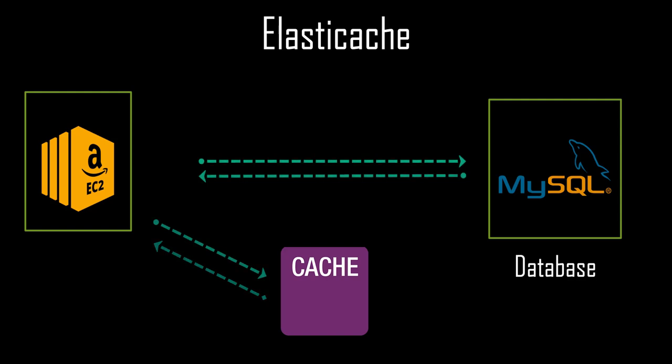Because the data is stored in memory, we get faster access to that data. So data that's accessed more frequently is stored within the cache. Keep in mind that you do not store everything in Elasticache. It is just the frequently accessed information that goes into your Elasticache.